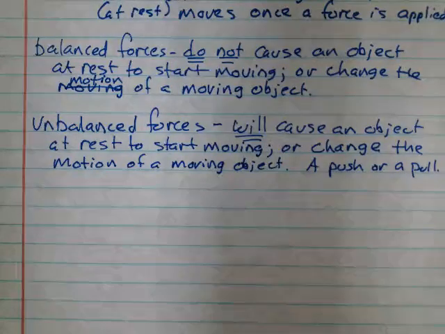So let's think about this. If a soccer ball is just sitting on the field, not moving, then all the forces acting on it are balanced. But as soon as you apply an unbalanced force to that soccer ball, it'll start moving. And that can be a push or a pull. Typically, you would have applied a push or a kick, and the soccer ball moves.